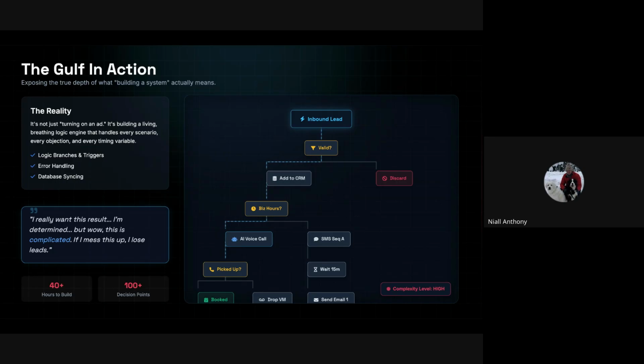Then, once we've put them in that position, once we've got them to have the desire, but to see the extent of the build, we're going to take all that pain away from them with a done-for-you solution where they get the outcome without having to do all of the hard work. And this mental positioning is why the close rates are so high.